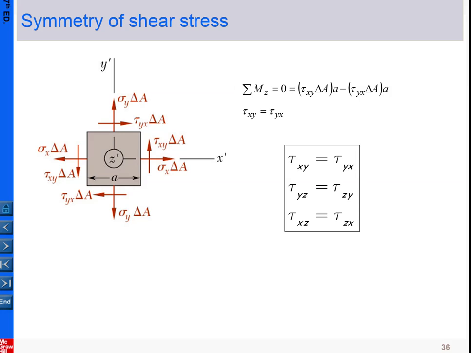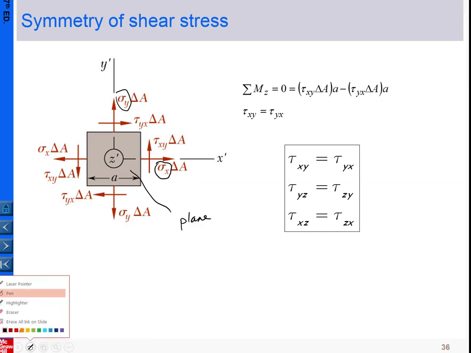One additional comment is this. If we only look at the distribution of the stress around the z plane, this is the z plane because it has the normal out of the paper in the z direction. Around the z plane, we have the normal stress component in the x direction and the normal stress in the y direction. For this slide, I want to focus more on the shear stress.